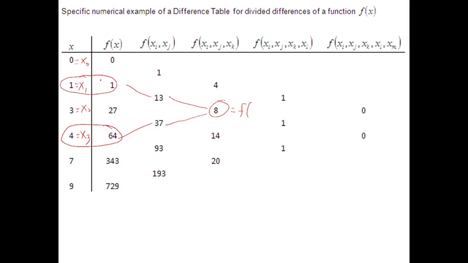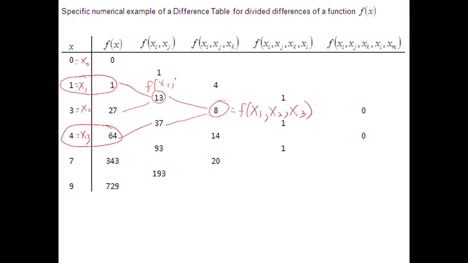Meaning i now is 1. We start with 1. So that is f of x sub 1 followed by x sub j, that is x sub 2, followed by x sub k, that is x sub 3. So that is now 8. 13 has something to do with 1 and 27, so that is x sub 1 and x sub 2.